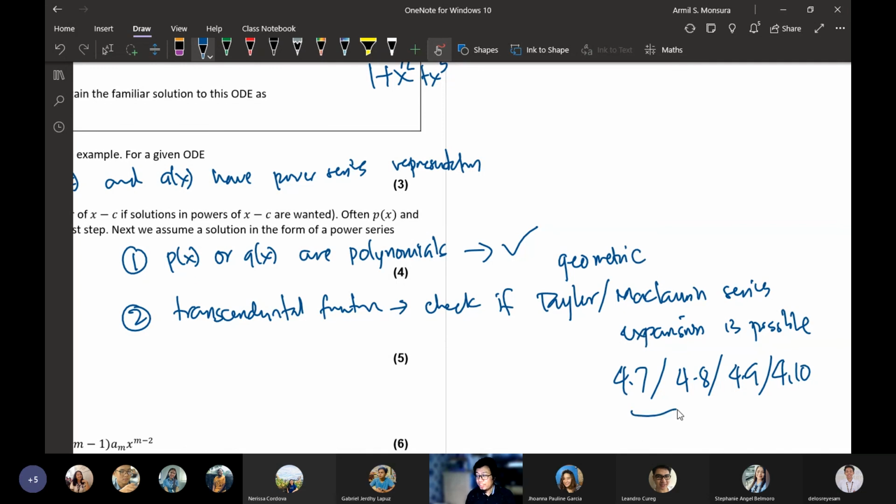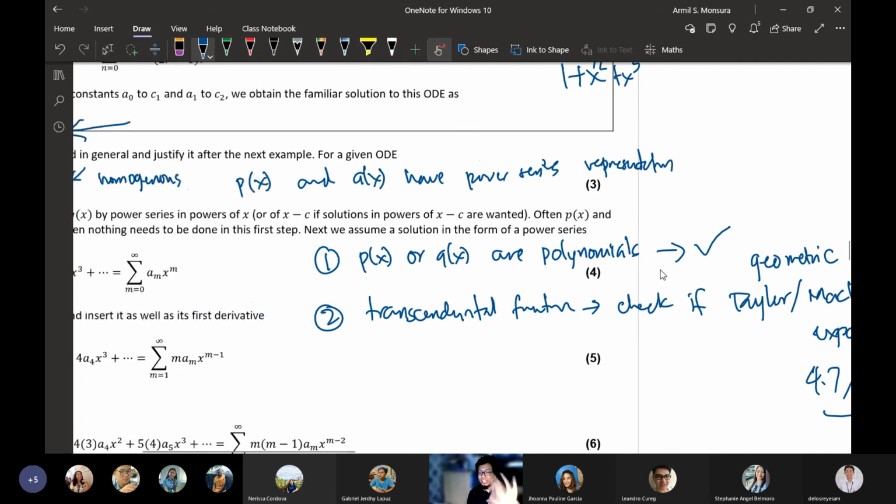So these lessons actually allow you to express different functions in terms of geometric series, Taylor series, Maclaurin series using operations. So tingnan niyo mabuti yung mga lessons na yan. If these are polynomials, you're okay. Wala na kayong kailangan gawin kasi naka-power series na siya.